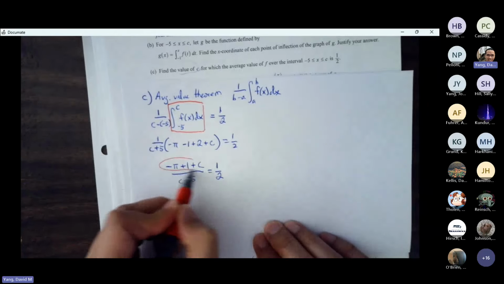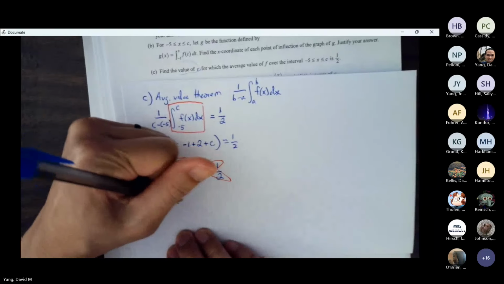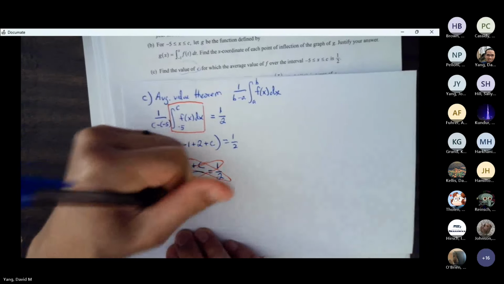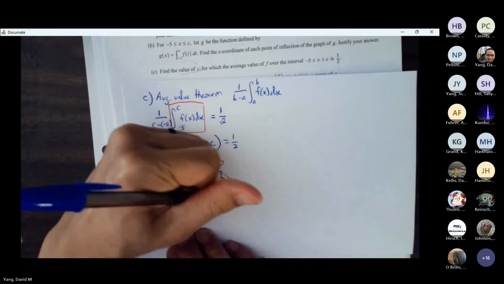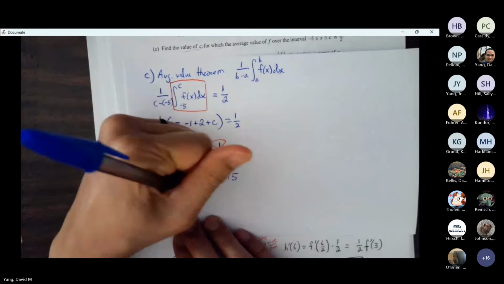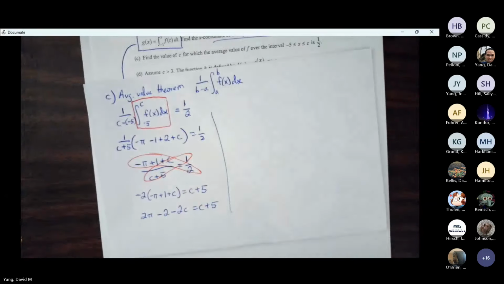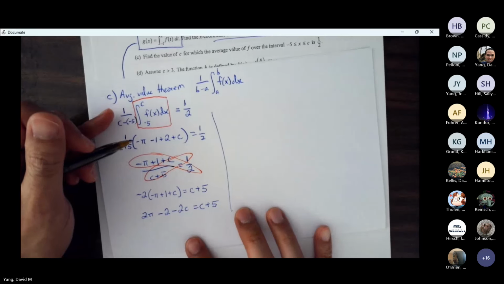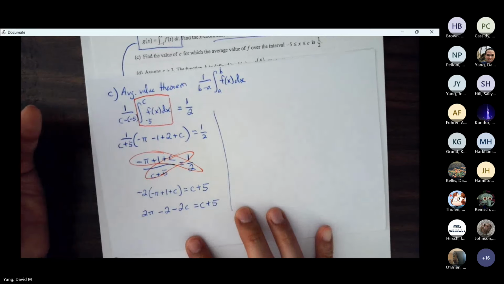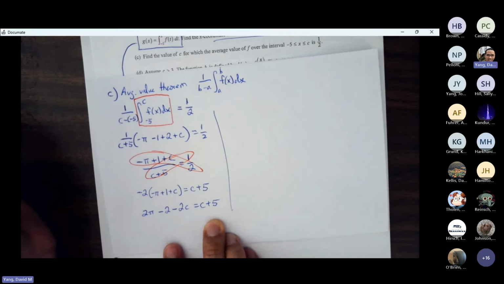That's my goal of part C. Okay. Now if I cross multiply here, right? Combine some like terms here.